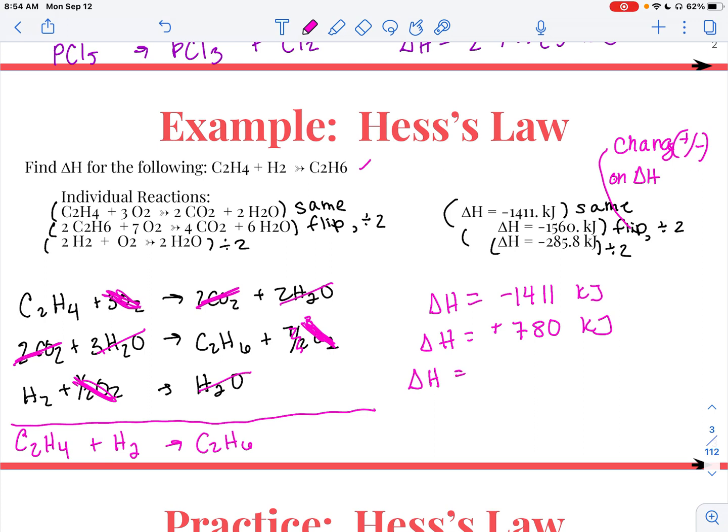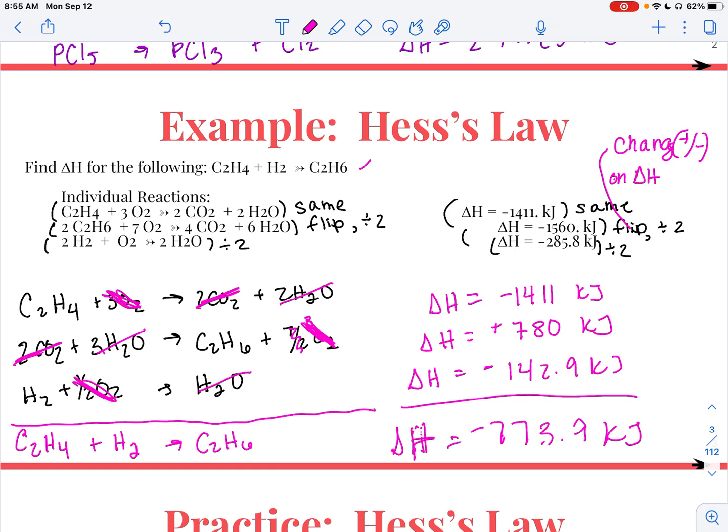And then we have negative 285.8 divided by 2. And then we'll just add all of those together. So our overall delta H comes out to this number here.